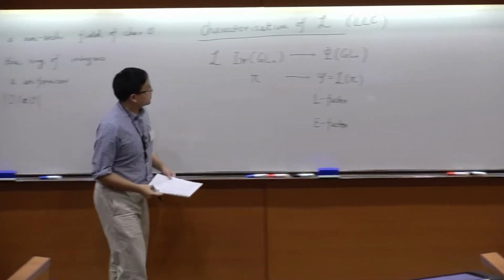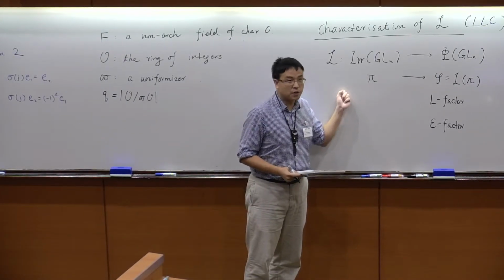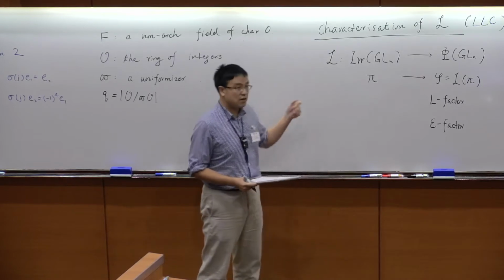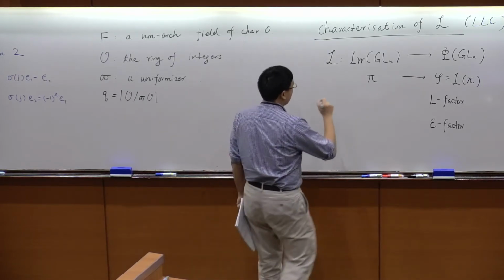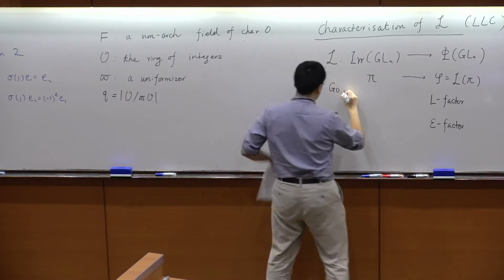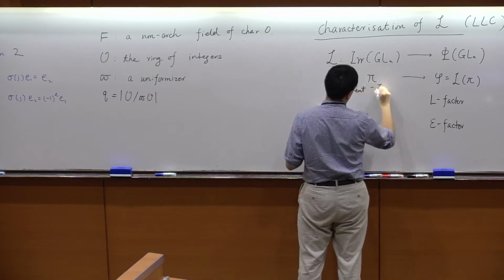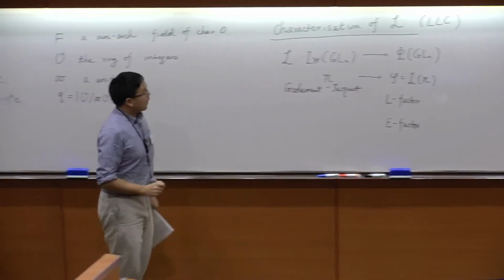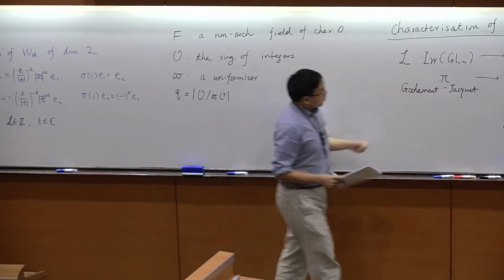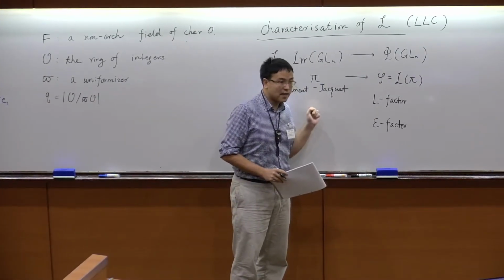And now the question is, how do we define those on the other side, for the representations of the general linear groups? And actually, we do have the definition, which is given by Godement-Jacquet. And it's also possible to prove these two local factors are the same.